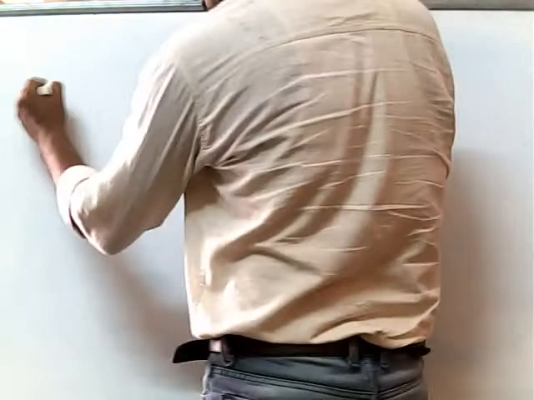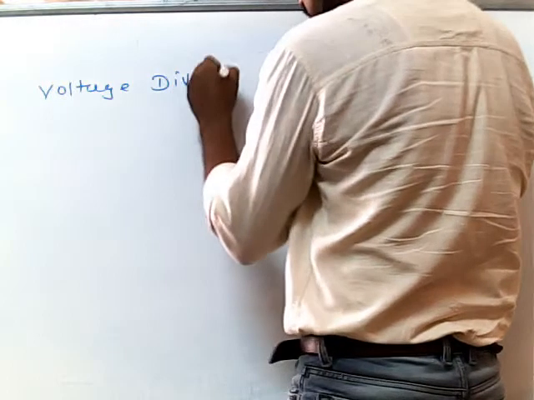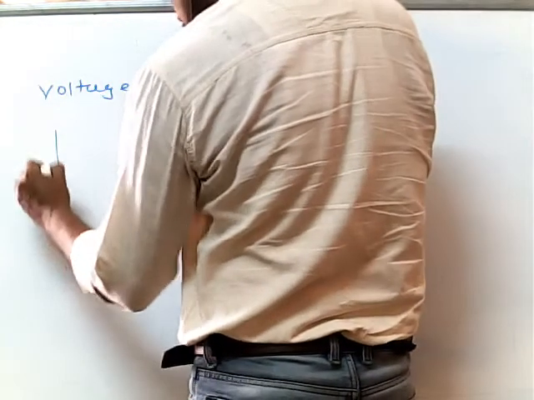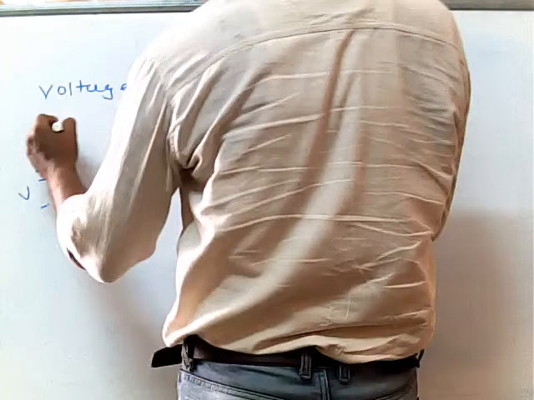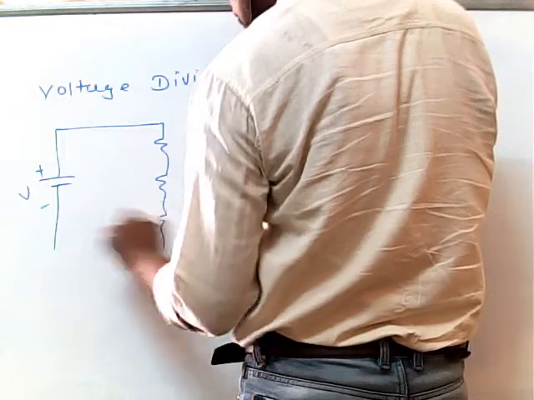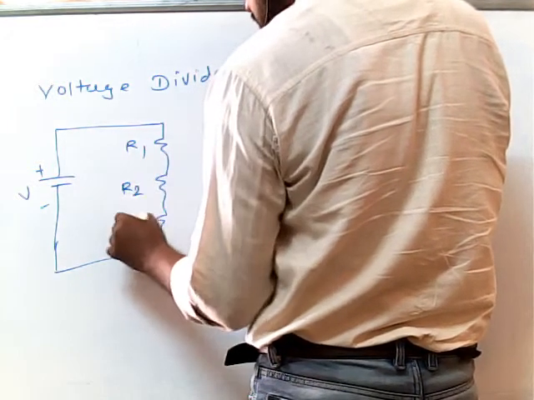First of all, we'll see what the voltage divider rule is. Suppose I have a network which has a voltage source V and several resistances. Let's say this is R1, this is R2, this is R3.